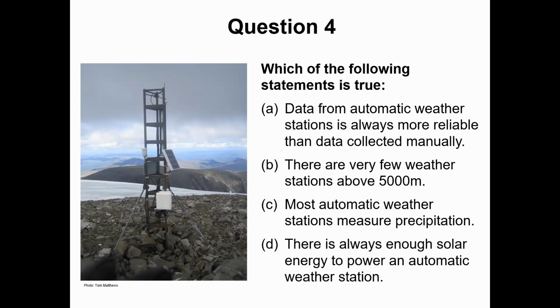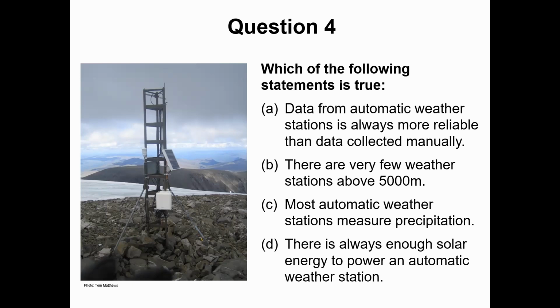Absolutely. A is not right because automatic weather stations bring with them all sorts of their own difficulties. So just because it's an automatic system doesn't mean to say it's any worse or better than a human-based system. For C, actually, relatively few automatic weather stations do measure precipitation.